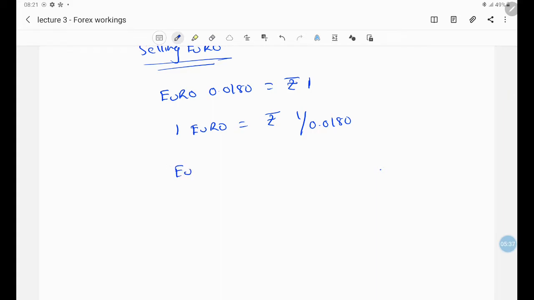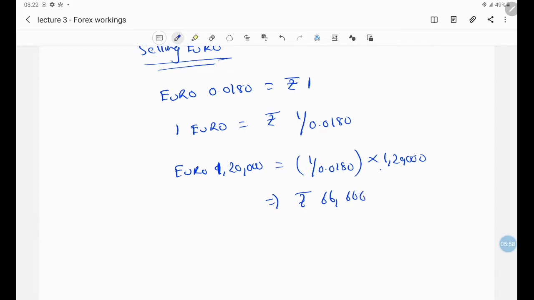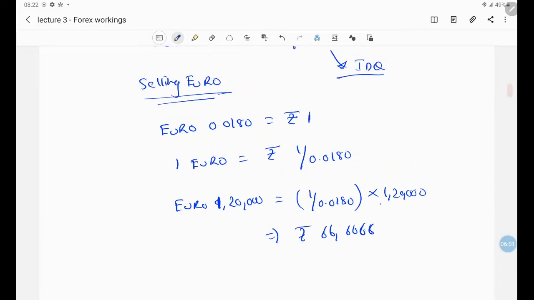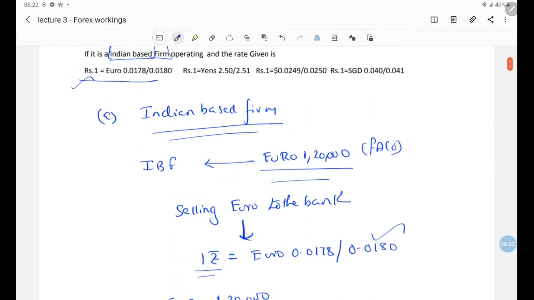If the euro you require is 1,20,000, then you can multiply this amount, 0.0180 into 1,20,000, and you will get an amount of 66 lakh 6666. So this is what I have done here.